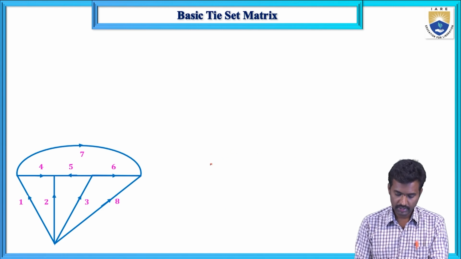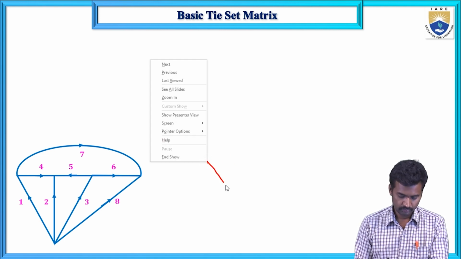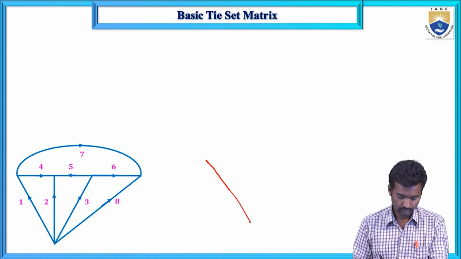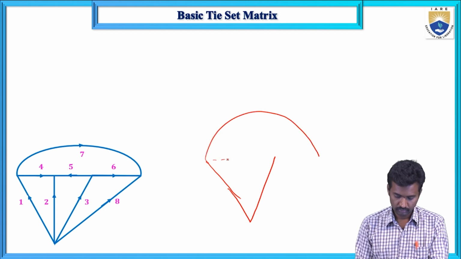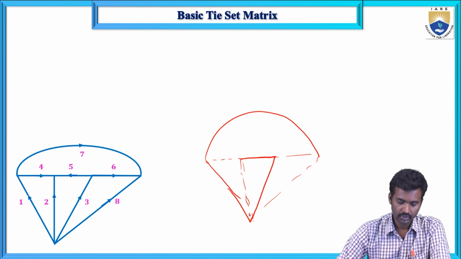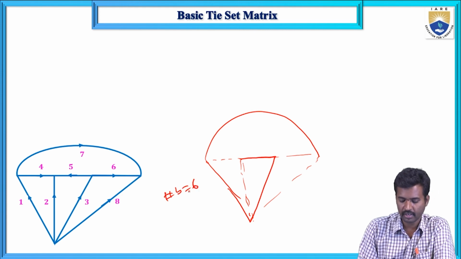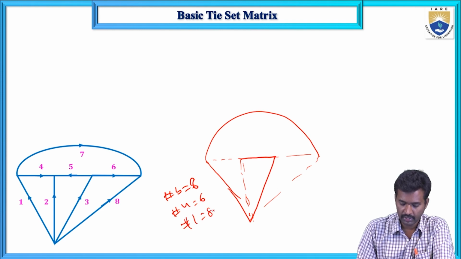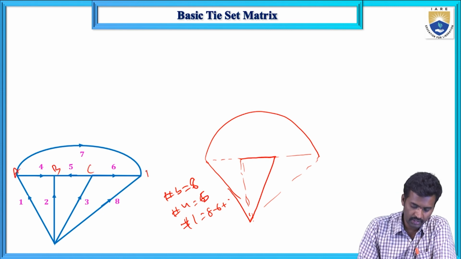Now here this one, same thing: possible number of branches are 8, and possible number of nodes are 6, and possible number of links are 8 minus 6 plus, so 8 minus A, B, C, D and E.